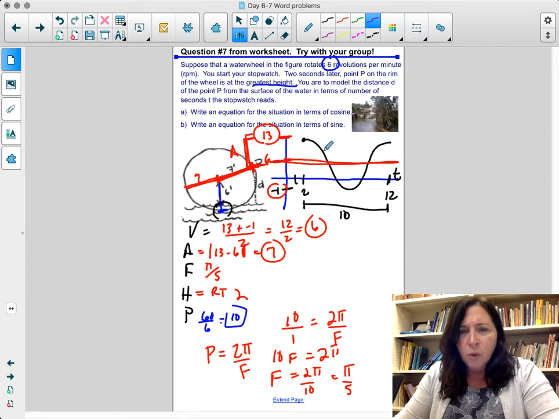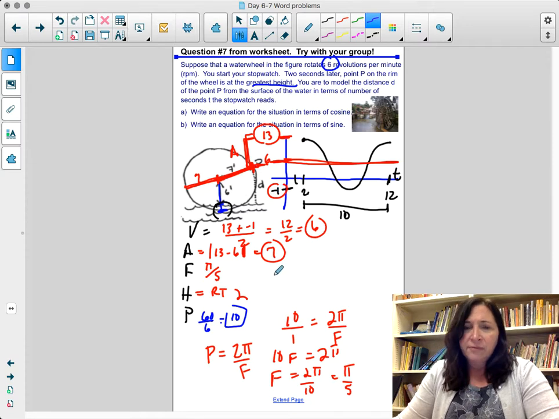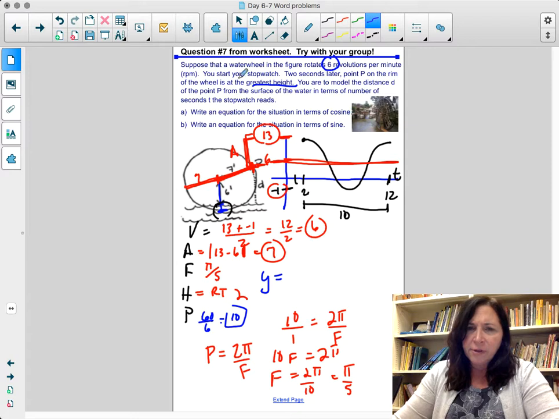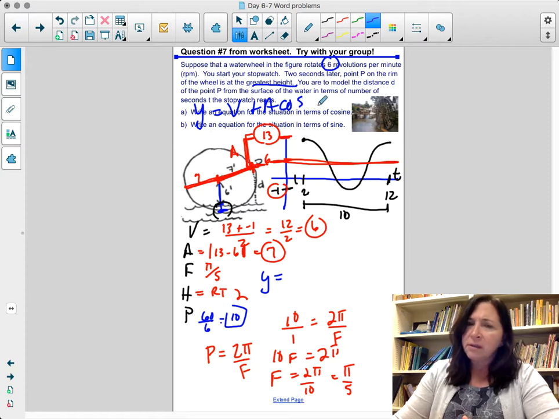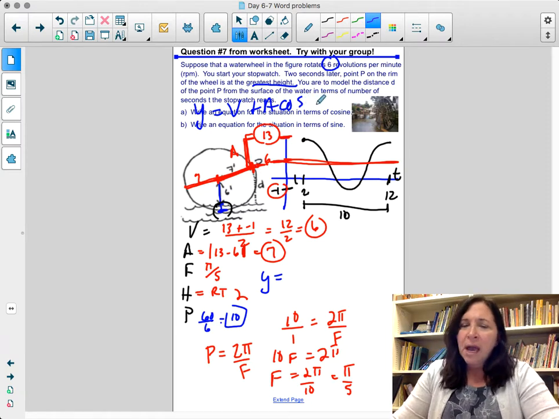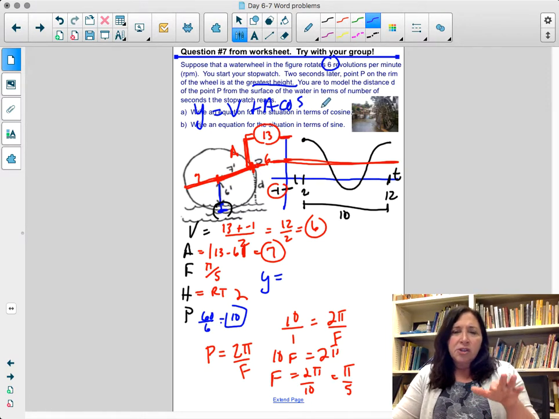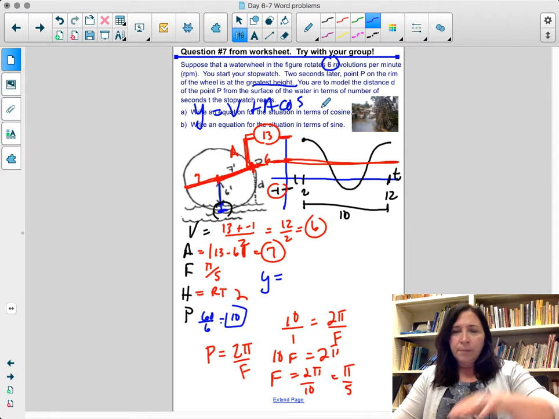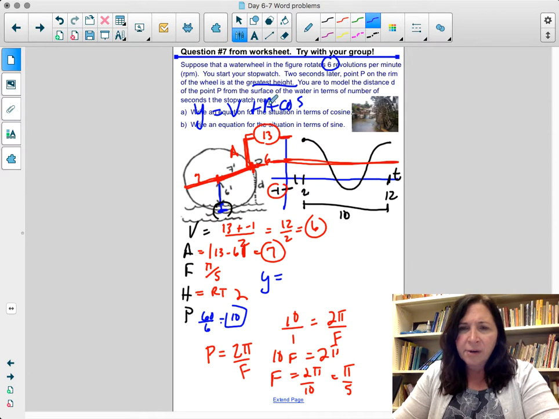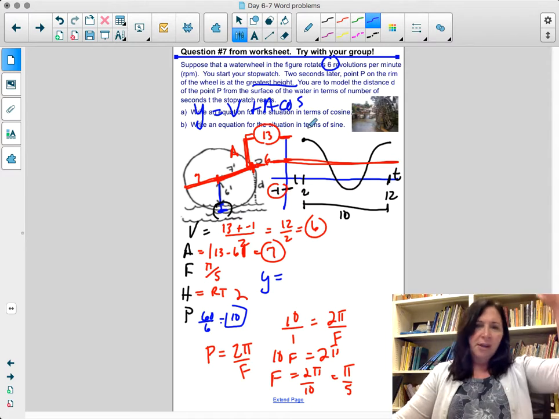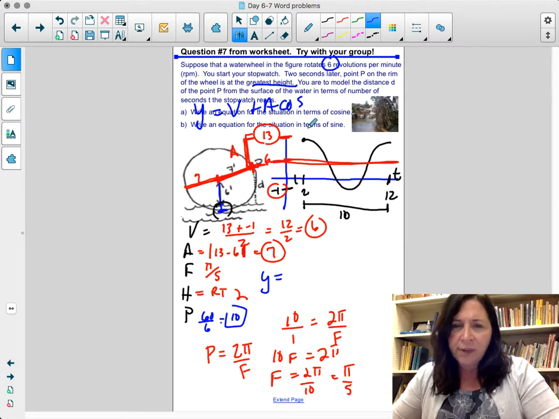Okay, so what we do now is we put our VAF together. So y equals my vertical shift. Remember, y equals v plus a cosine or sine, depending. It would be sine if it said starting at 0, moving up, etc. But these all say starting at the high, ending at the height, that's cosine.